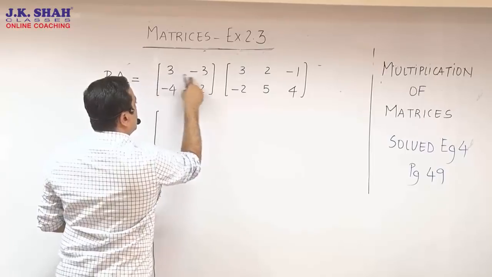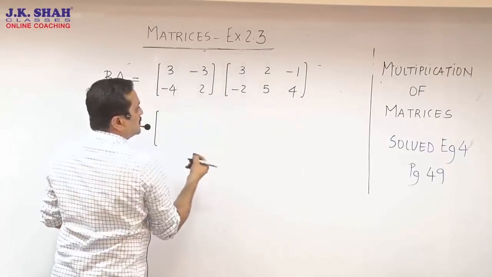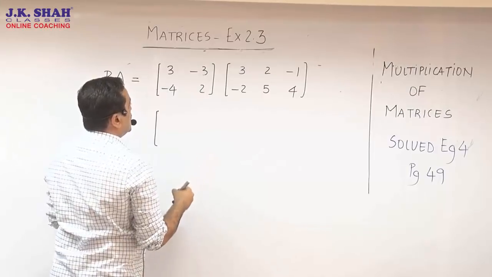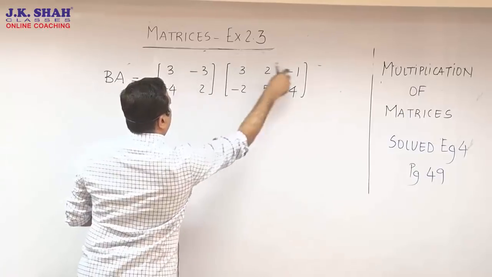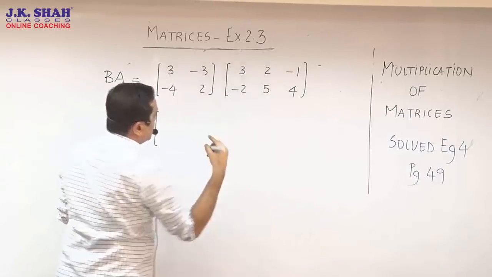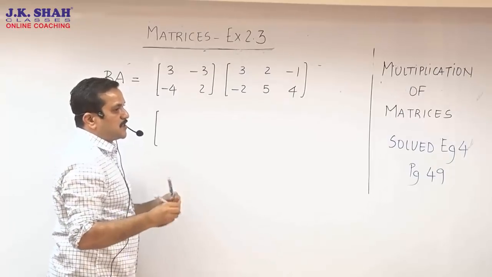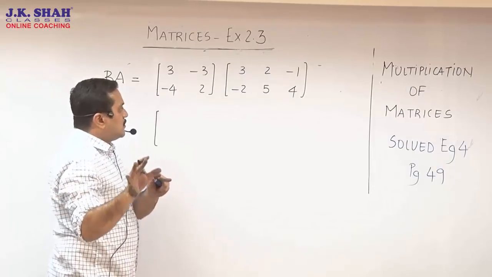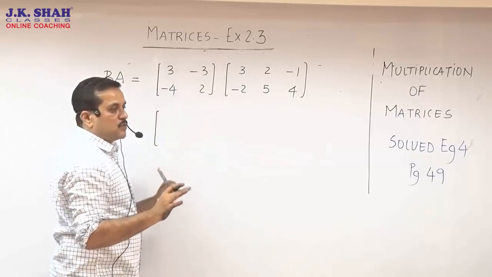Next, when you're going to move from R1 C2, it's going to be 6 minus 15. थोड़ा minus sign है संभाल के. Next, third will be R1 C3. So it's going to be minus 3 minus 12. I once again repeat, देख के नहीं समझेगा, you'll have to solve it करके. I said pause the screen and then start solving. So stop, you copy the matrix first and then you start solving. So I'll wait for that.